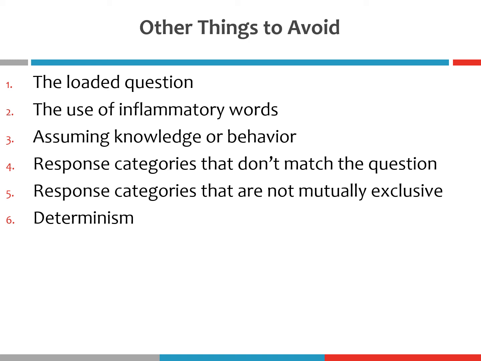And don't make controversial assumptions, and don't try to lead your respondents to answer your question in a particular way. Okay, so these are some of the most important things you're going to want to avoid when you're creating survey questions, or things that you'll want to be aware of if you're evaluating the merit of a particular survey question.